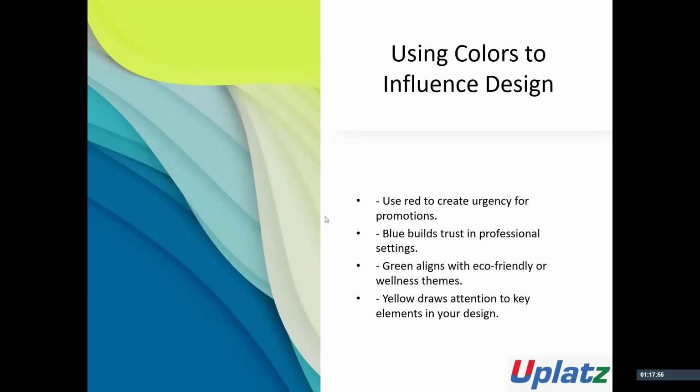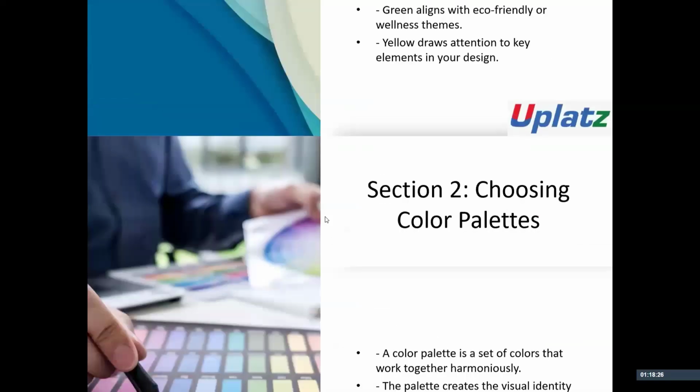And this is also going to be very important: different colors can be used in different concepts of graphic design, and it is also very important to combine and use the colors accordingly. It's very important to use colors strategically to influence the audience's emotions and decisions. So this is the first section which we talked about.